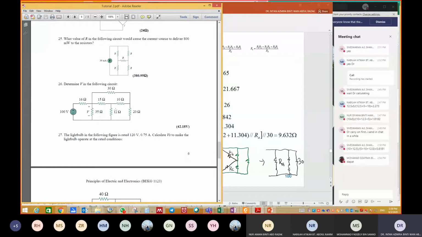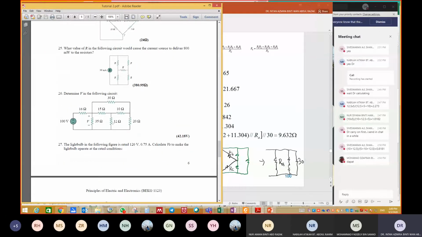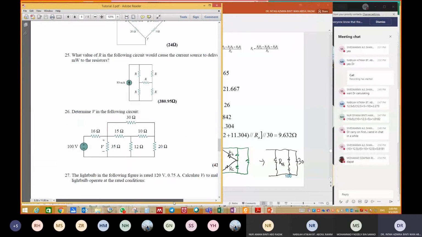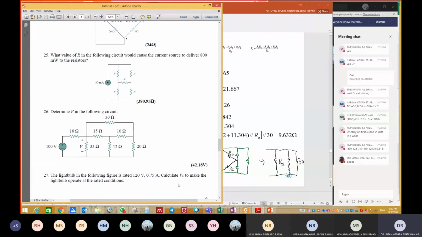Number 26 is delta connection. Later you can try number 26. This is delta connection. This is Y connection or star connection.